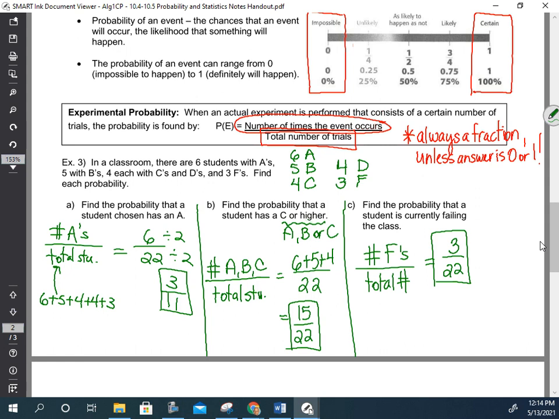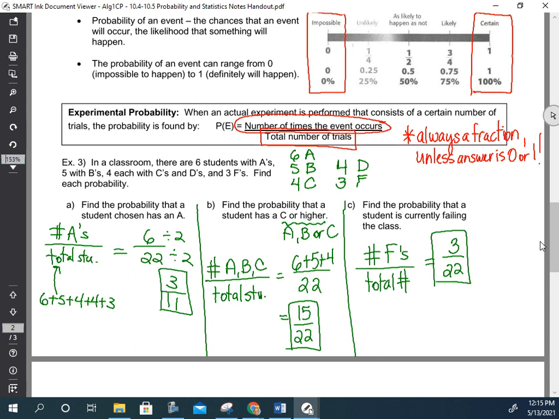Now, side note, this is not this class. I made those numbers up. This is not this class. I made those numbers up. If I was using this class, that's this class.